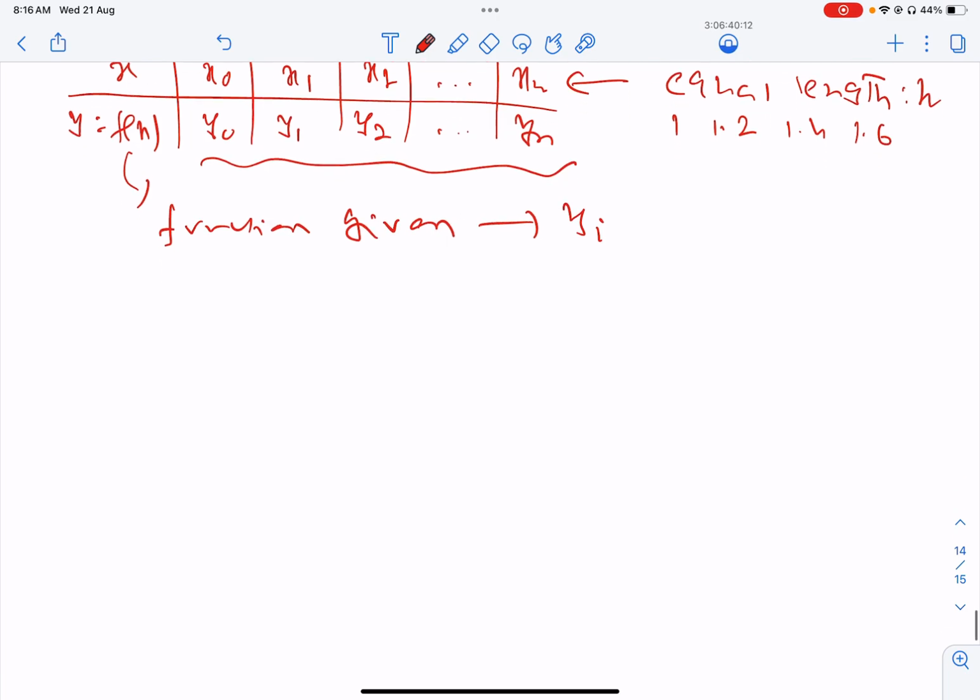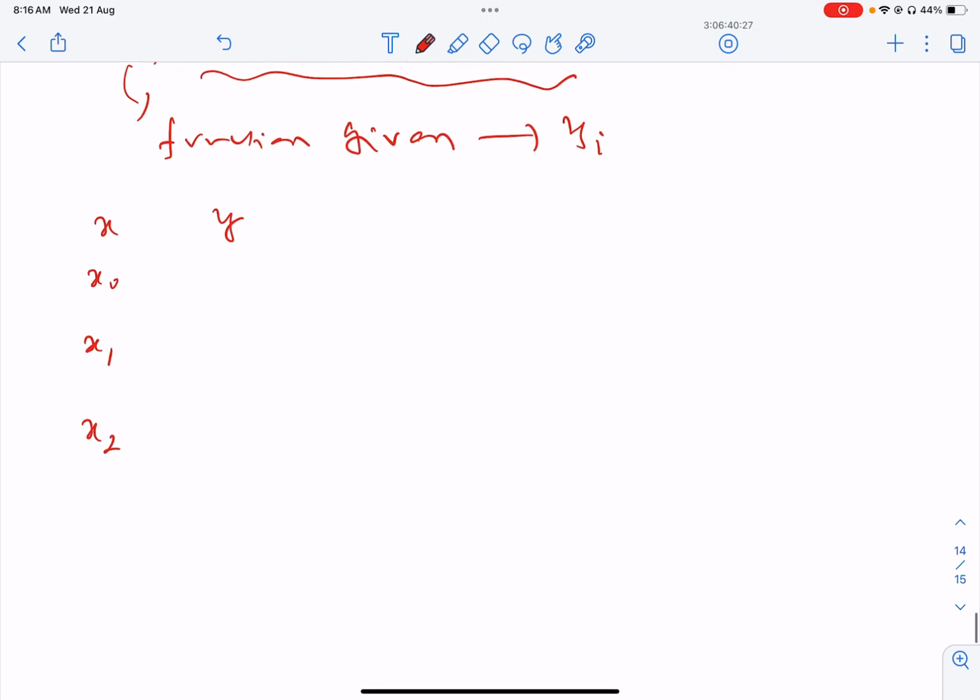We need to prepare the table. We prepare the table like this: x values, y values, then x0, x1, x2, x3 and y0, y1, y2, y3.